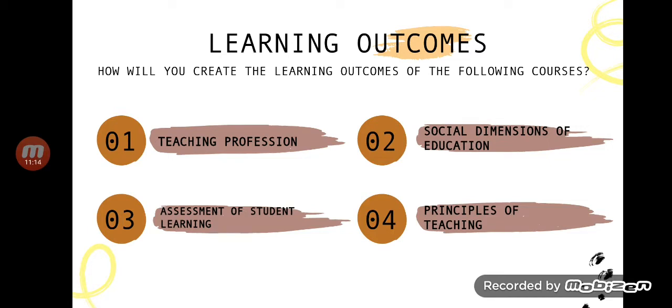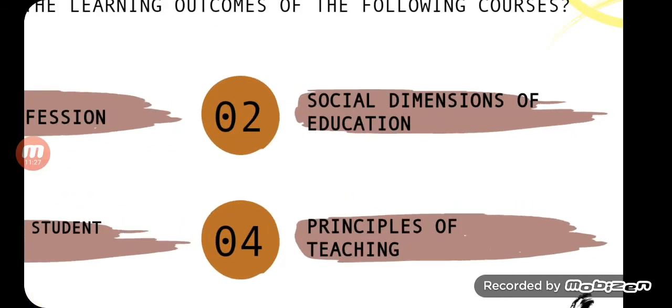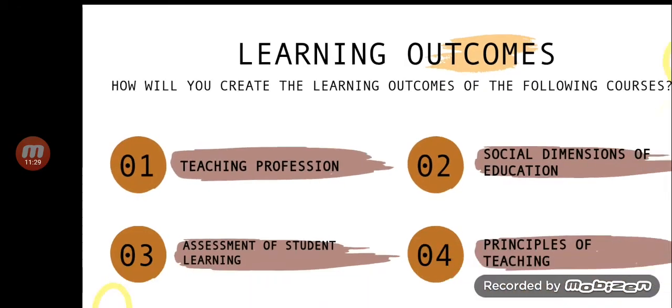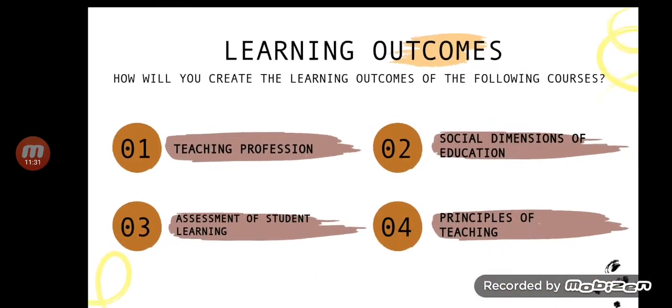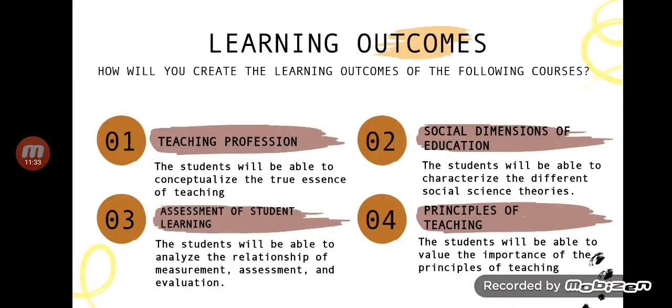They have their own learning outcomes. What do we want our students to demonstrate upon the completion of the subject or even every topic of the subject? Let us continue.